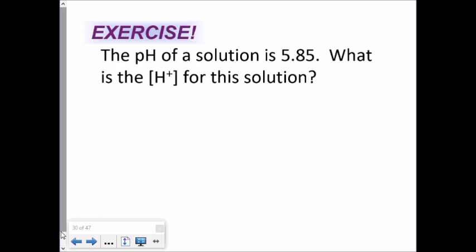All right, pH of a solution is 5.85. What is the hydrogen concentration? What is the one we should use here? 10 to the negative pH equals your hydrogen concentration.